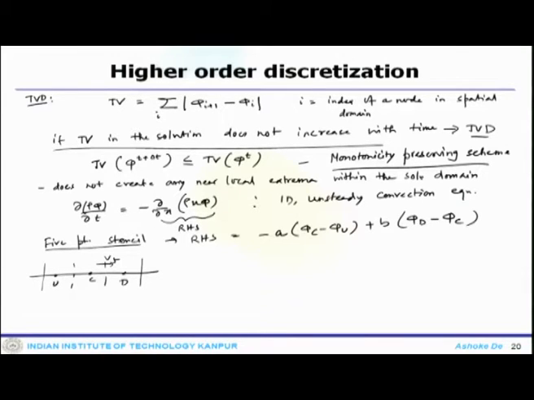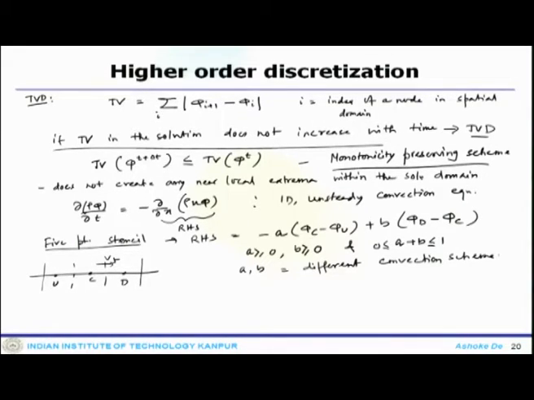Now, for this TVD or monotone scheme, the coefficients for unit mass flow rate must satisfy a couple of inequalities. One is that A greater than 0 and B greater than 0, and A plus B must be less than 1 and greater than 0, where A and B are adopted from different convection schemes.